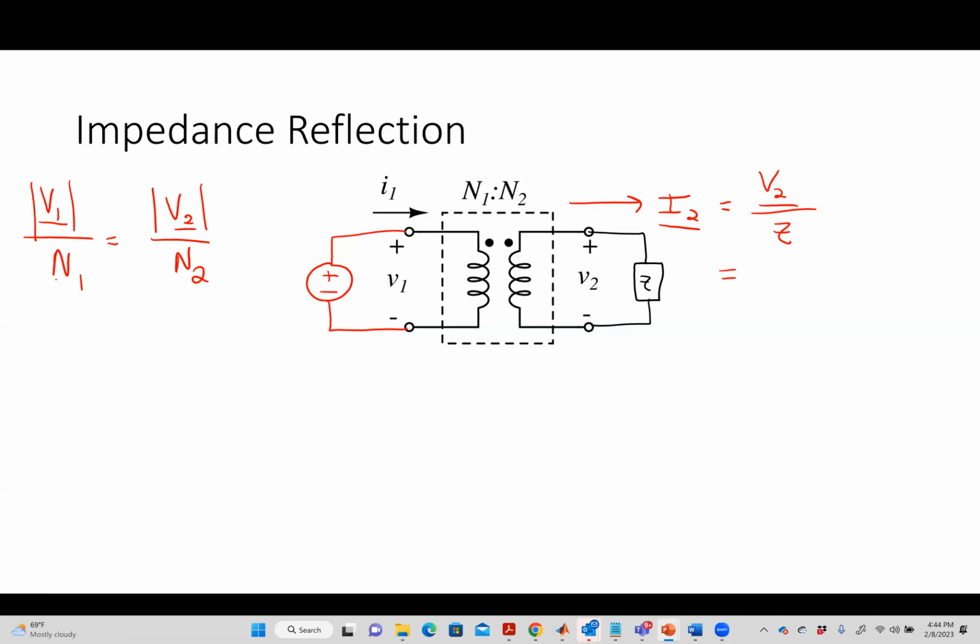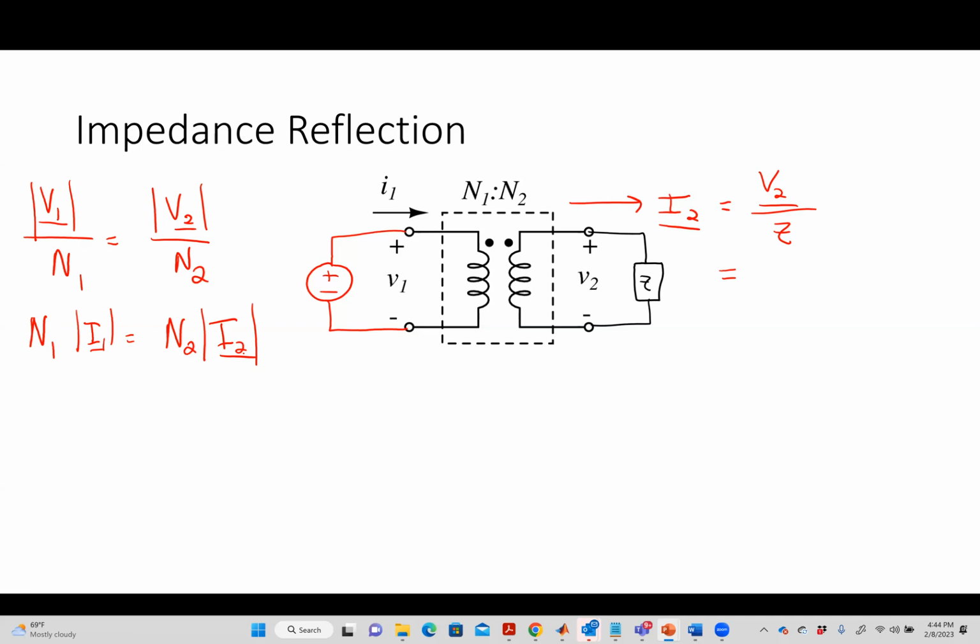I could get it from a power relationship if I wanted to. There's an N1 and an N2. I'll spot you that much. N1 I1, and I always think of it in terms of the magnitudes, and then I use the dot idea to think of the signs.